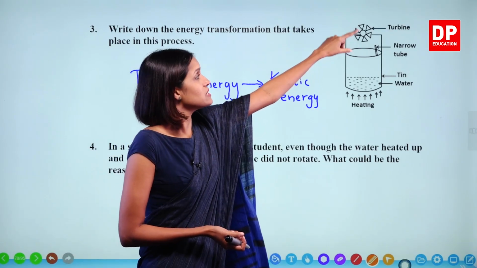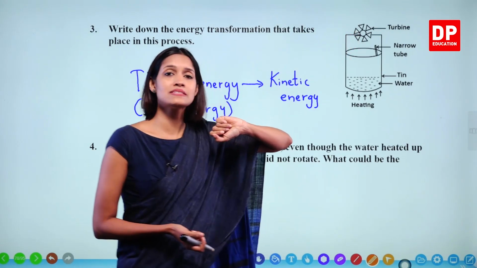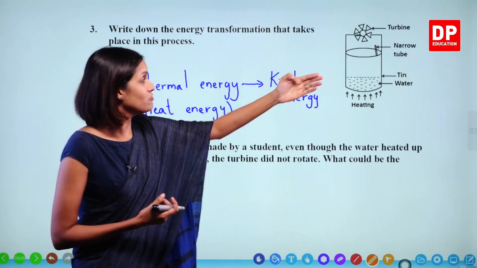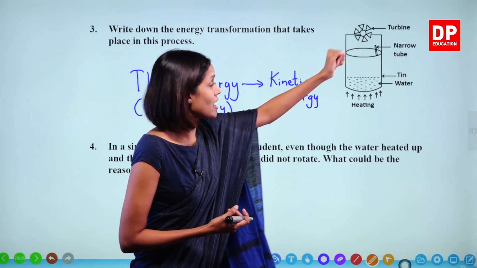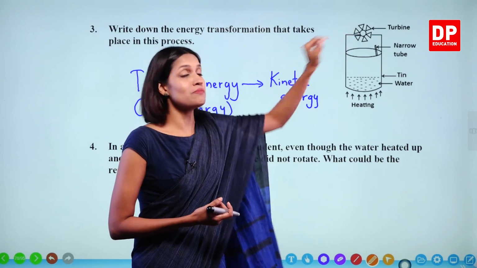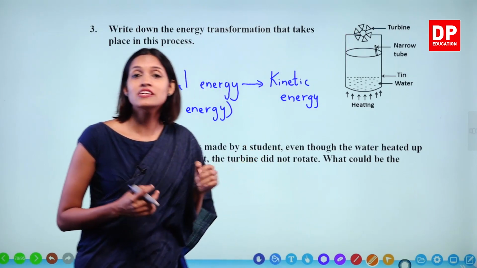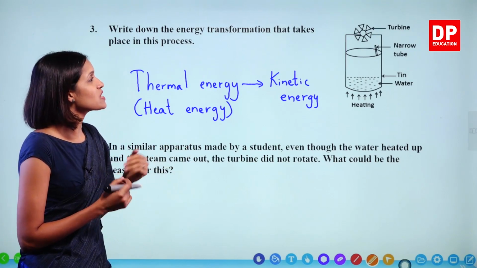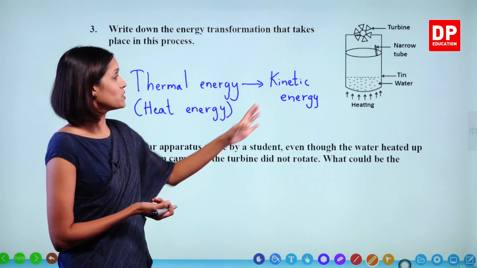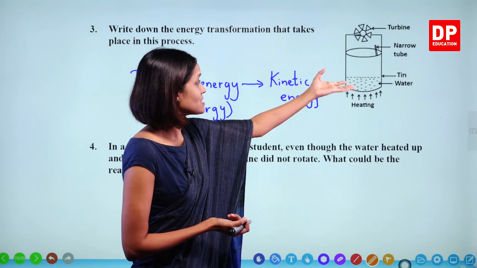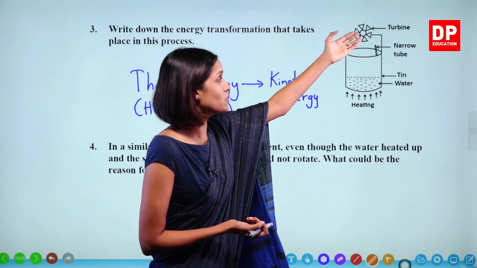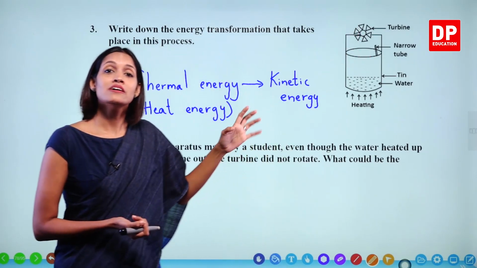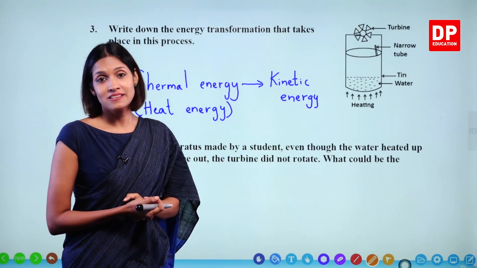When it comes to the materials you use to make this turbine, if the materials are too heavy, even though the steam comes out at high pressure, the turbine will not rotate. So even though the water boils and steam comes out, if the turbine does not rotate, those could be the reasons, right?